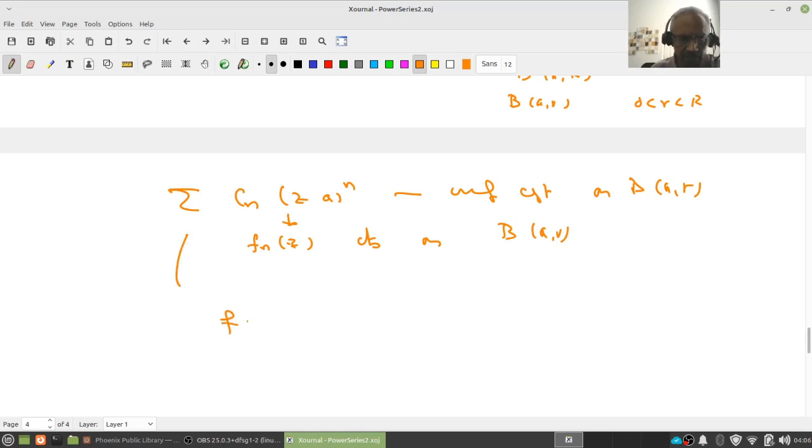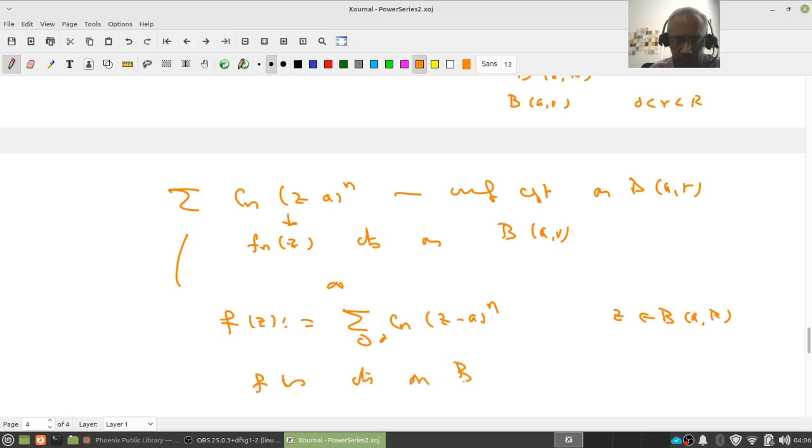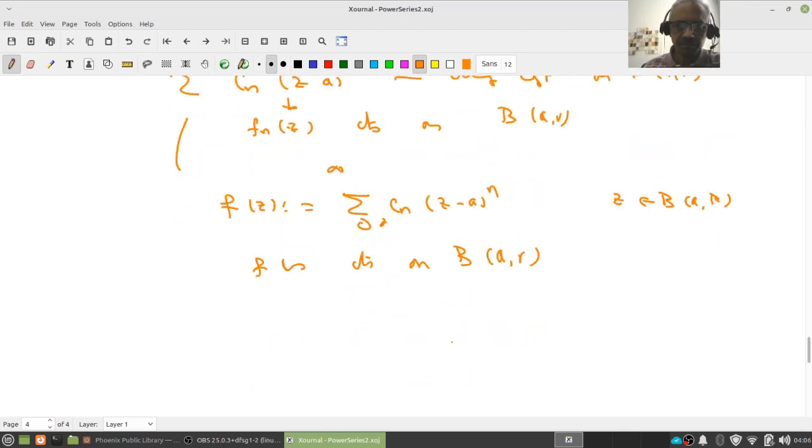Therefore, if I define f(z) to be equal to the summation of c_n (z minus a)^n from 0 to infinity, for z in B(a, R), then f is continuous on B(a, R).